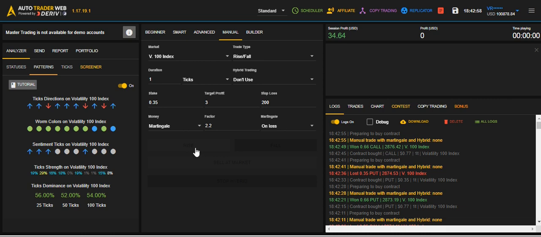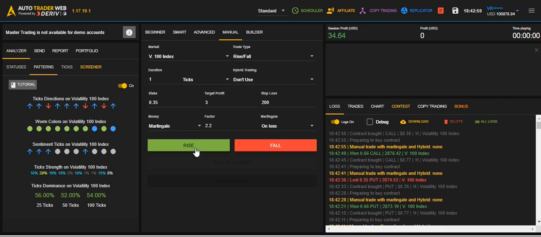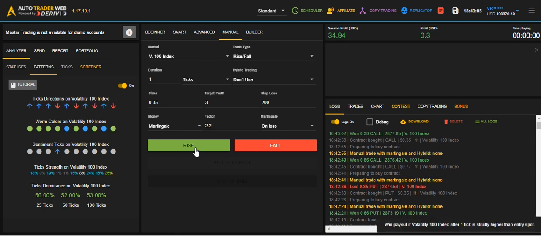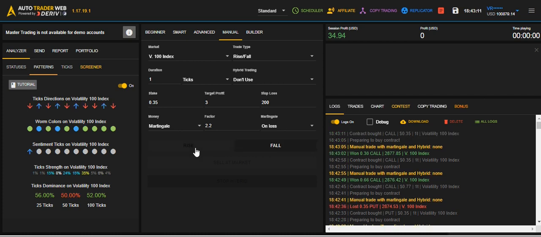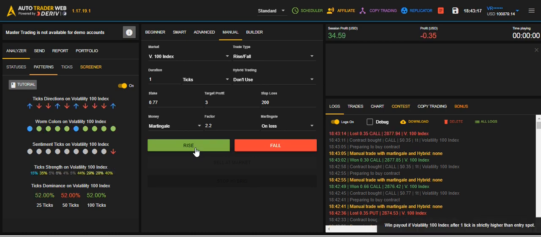By practicing, you get used to finding the right way. So this is the way. You have to wait for the right time to enter the next trade. Hope all of you understand.